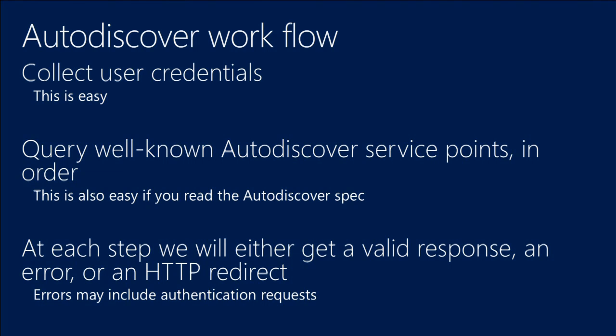So if we connect to a CAS in Madrid and our user's mailbox is actually in London, then the Madrid CAS may redirect us to ask again by pointing us to the London CAS. So a client that is doing AutoDiscover has to be able to handle all three of these cases: getting a legitimate response, getting an error, which may include an authentication request, or getting a redirection that points someplace else.